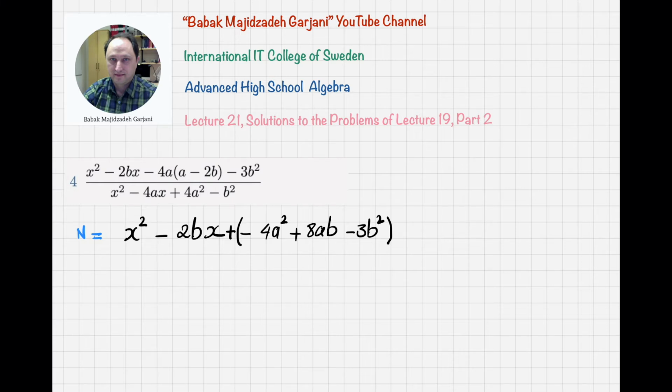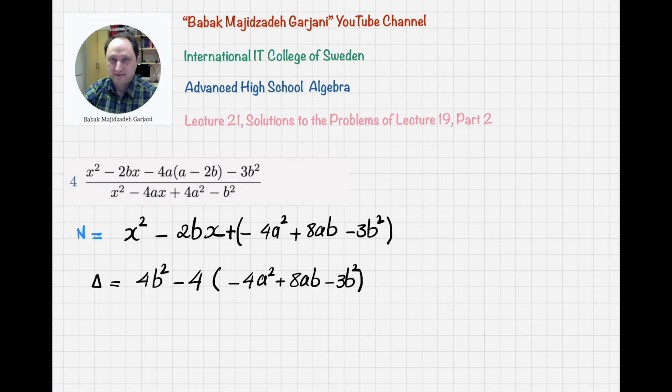So namely, first I calculate delta of this expression. So delta is equal to this expression to power 2, so it becomes 4b squared, then minus 4 times a, which is 1, multiplied by c, which is this expression, so it becomes minus 4 times minus 4a squared plus 8ab minus 3b squared. Yes?